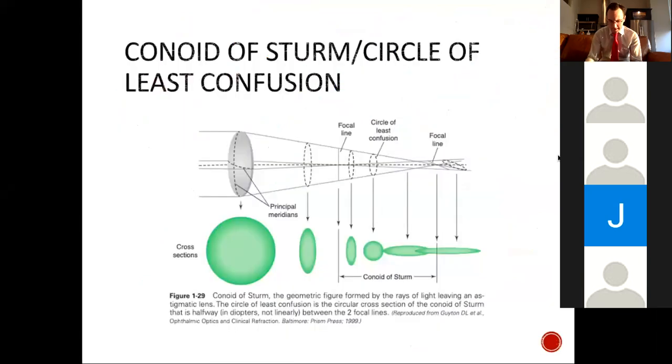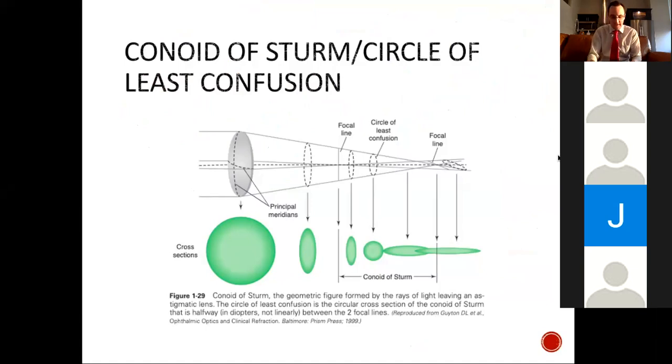Now, I'd like to end here on astigmatism lenses. Go ahead, question? No? Okay.